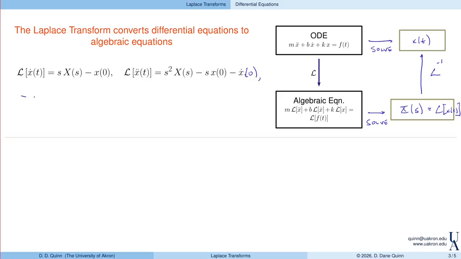So this is nice, right? Algebraic equations are typically easier to solve than differential equations. But we do have to take the inverse Laplace transform in order to recover the original solution in time.